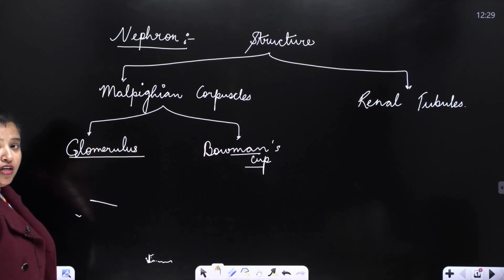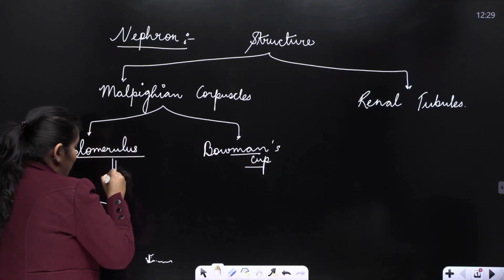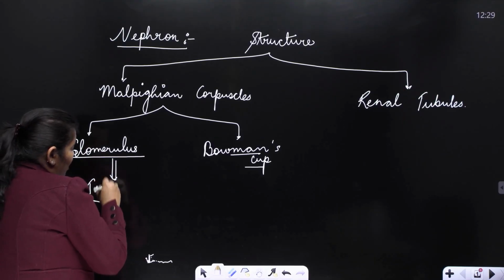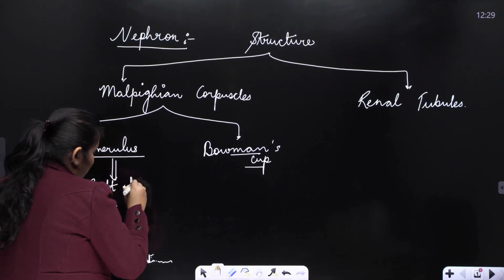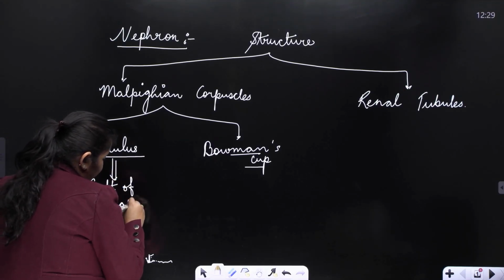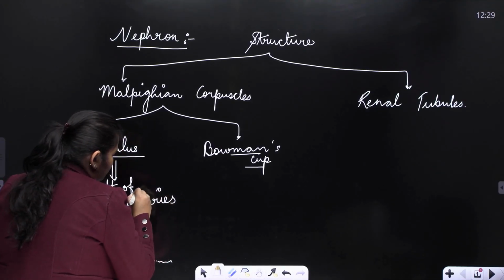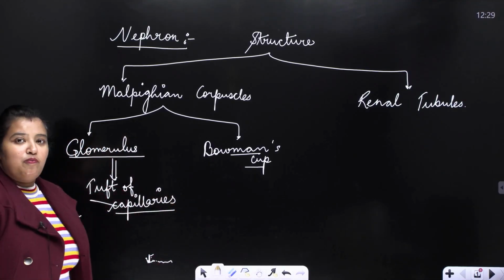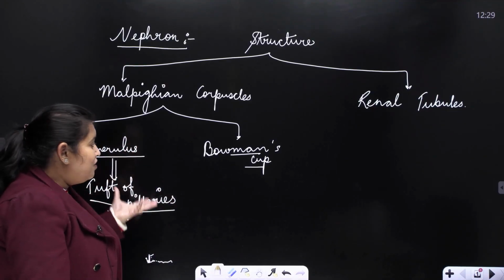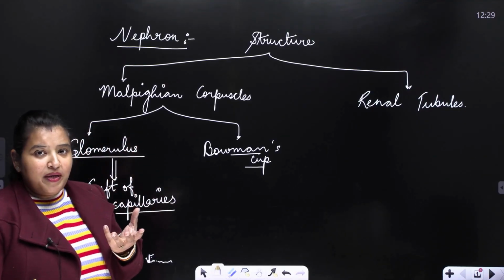What is glomerulus? Glomerulus is the tuft of capillaries where filtration of blood takes place. After the filtration, the filtrate needs to be collected.